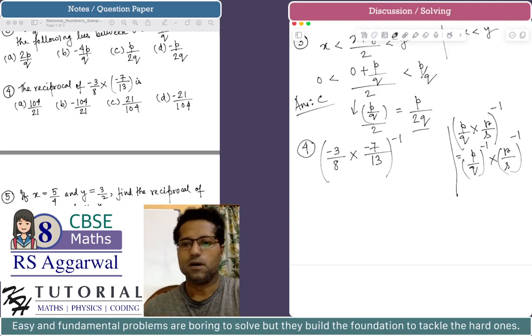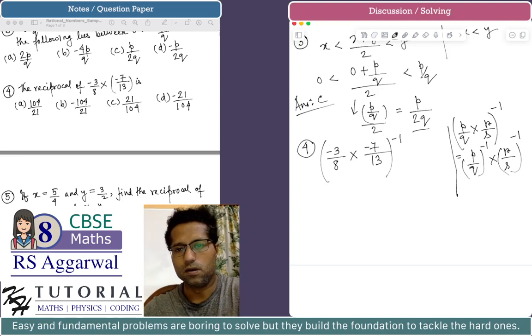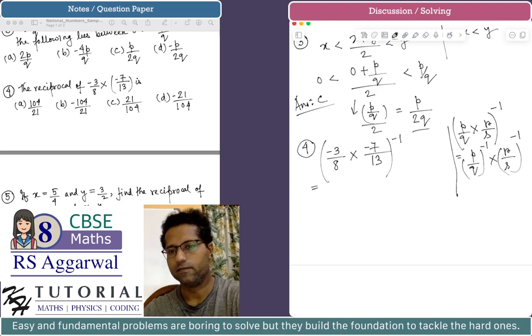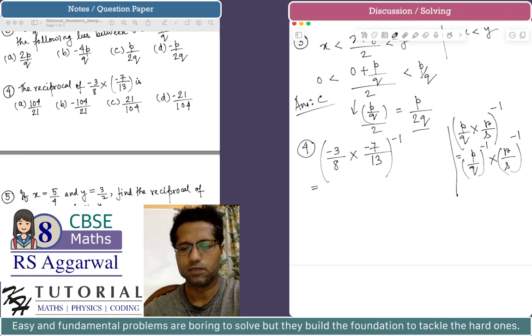Okay, now well, this property might not help much in this problem, but I just thought that you should keep in mind. Now if you simplify the product first, then what do we have? There is no cancellation happening, so we know that the product of the two rational numbers is a product of the numerators divided by the product of the denominators.